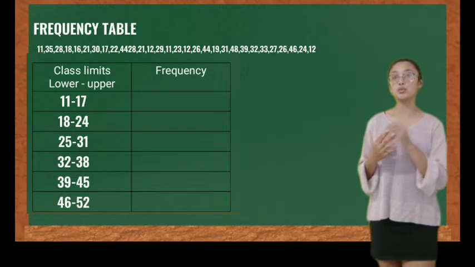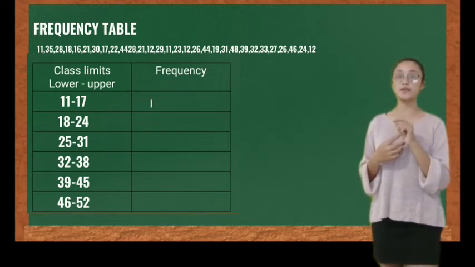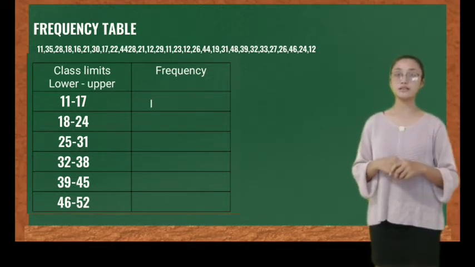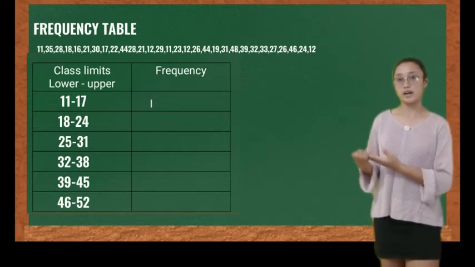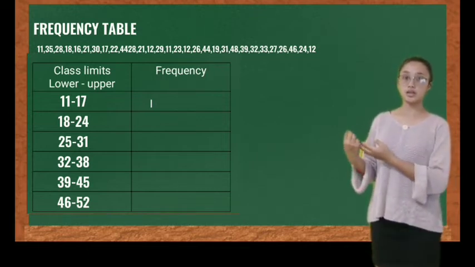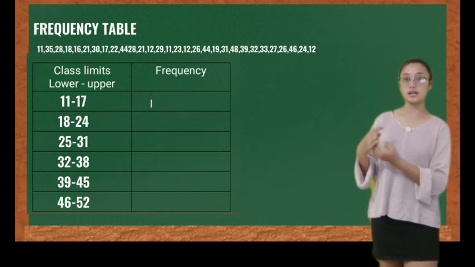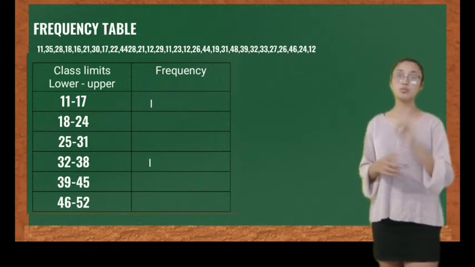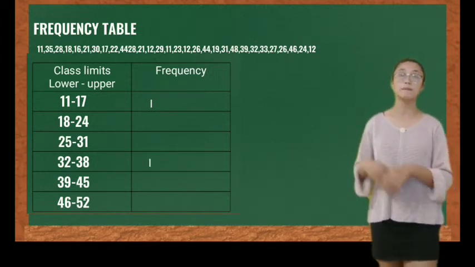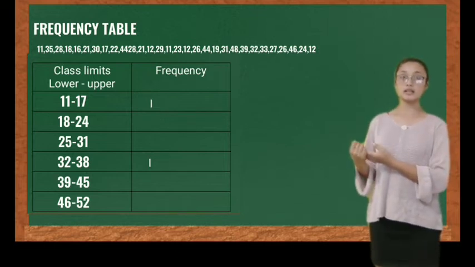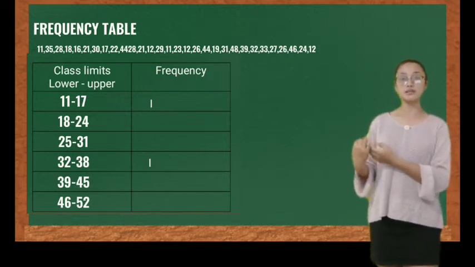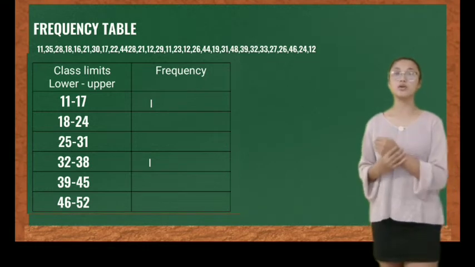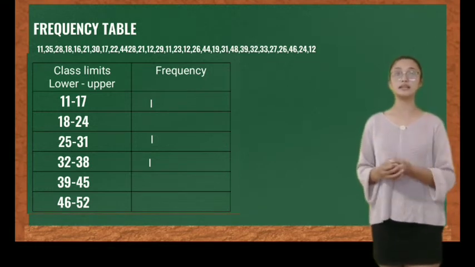So we will put 1 mark in the first class. Then 35 is in between 32 and 38, so we will also put 1 mark in that class. And then 28 is in between 25 and 31, so let's also put 1 mark in that class.